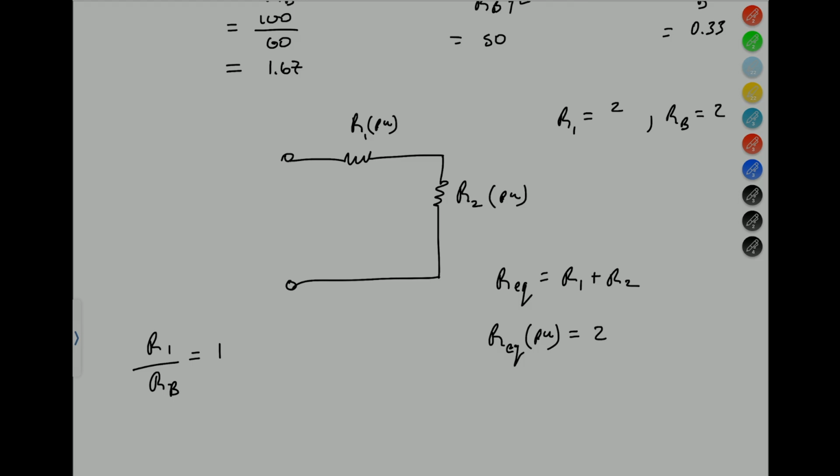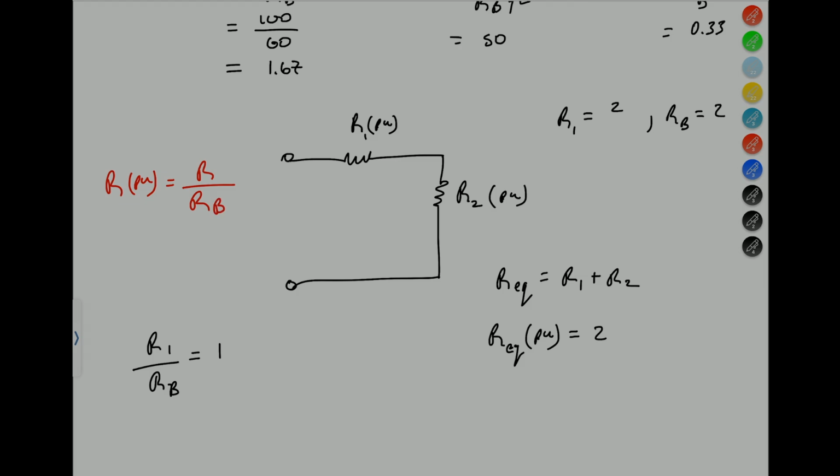That means if we want to get the actual value of the equivalent resistance, we would have to use the formula we just used. So R per unit is equal to the actual value divided by the base.